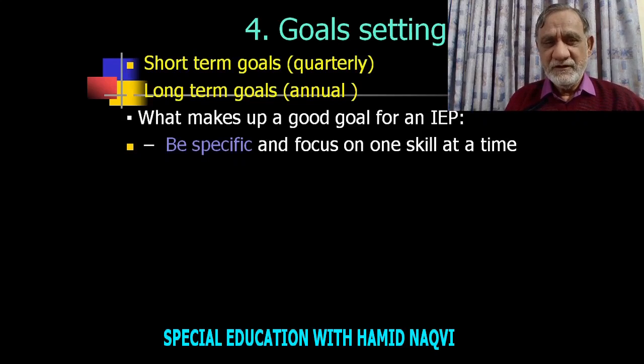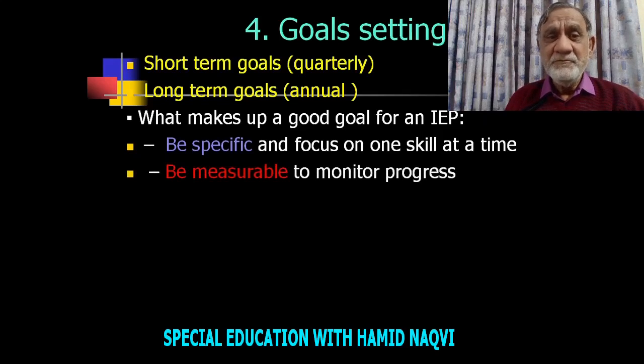First one was S for specific. Be specific and focus on one skill at a time. Be measurable to monitor progress. Measurable was difficult to understand in case of lesson planning as well, and some of the new students mix up here also.